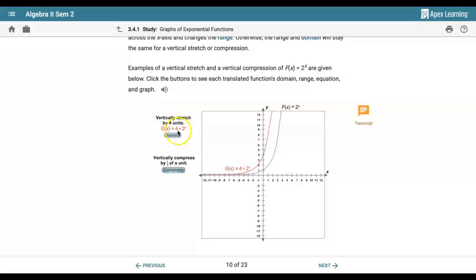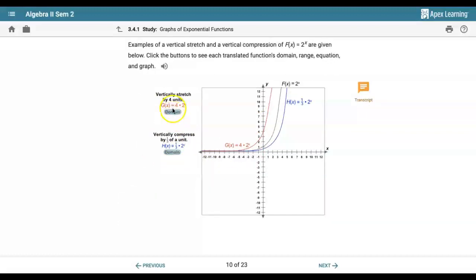So we multiplied it by a value of 4. If we wanted to compress it, getting closer to our x-axis, we would multiply by a number less than 1, and in this case, we did 1/3.